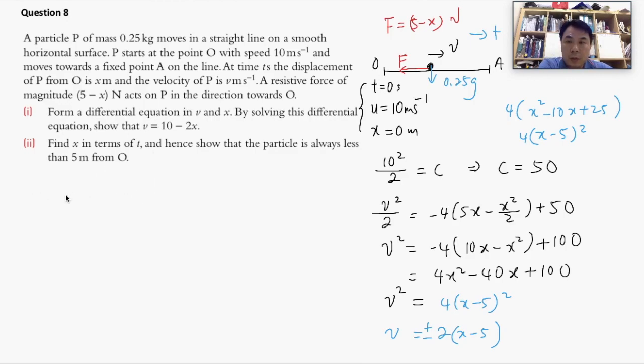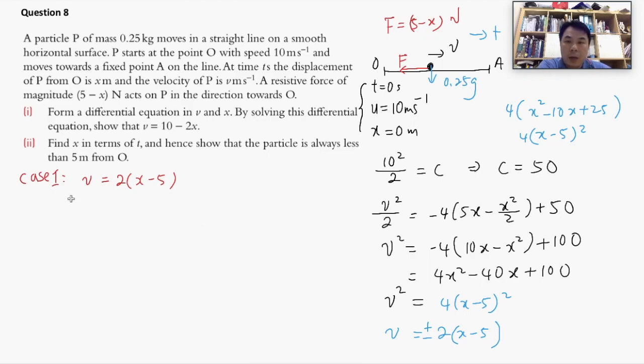Okay. So let's start from assuming that we have v equal to plus, for instance. So that is 2x minus 5. So case 1 here. We're going to try to verify whether case 1 fits our description.